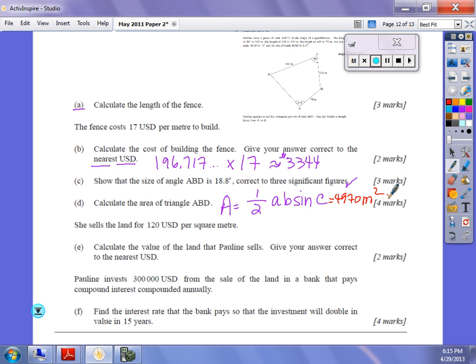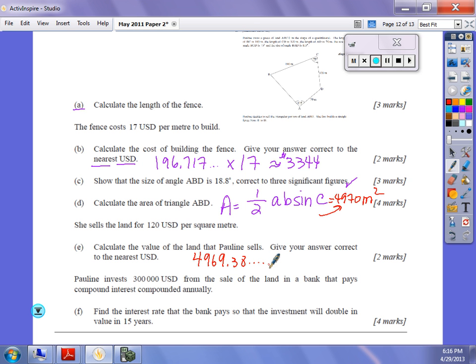All right. Pauline is going to sell her land for $120 per meter. So again, we go back and we use the unrounded figure, and we've got that was 4969.38.